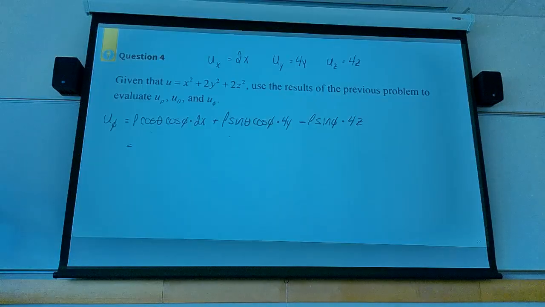Now evaluate x, y, and z in spherical. Can we simplify that?